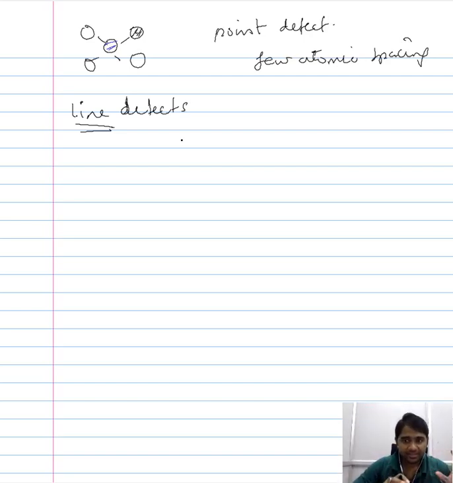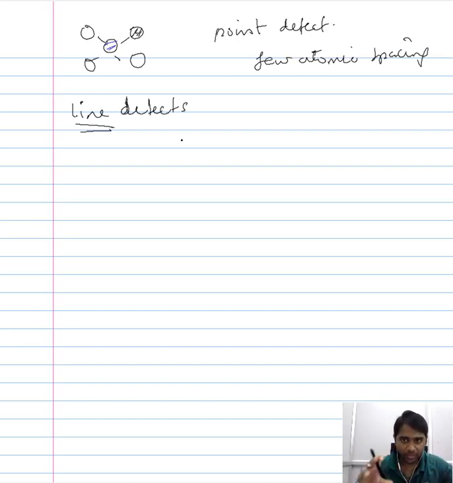Secondly, when we want to identify point defects, we saw that each atom should occupy a specific position for us to identify the point defect. If the atomic positions are random, we will not be easily able to identify the point defects.